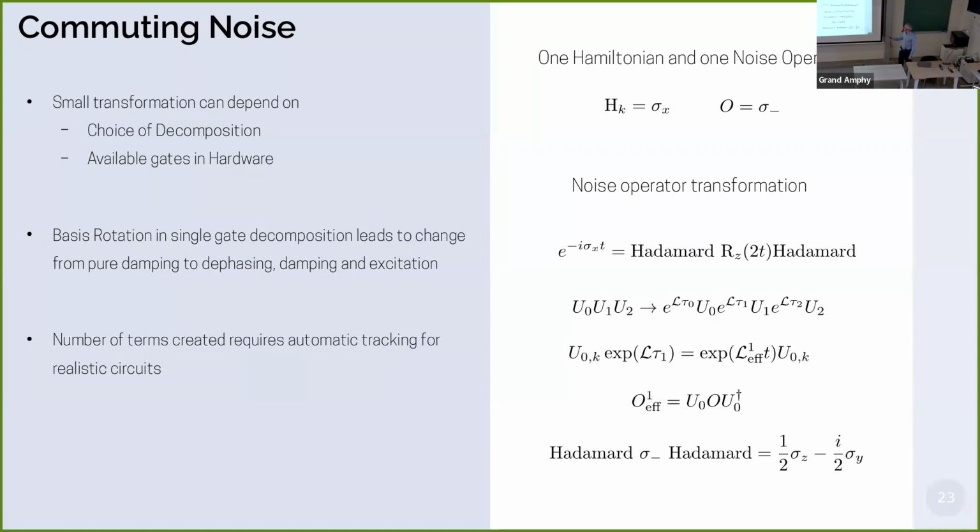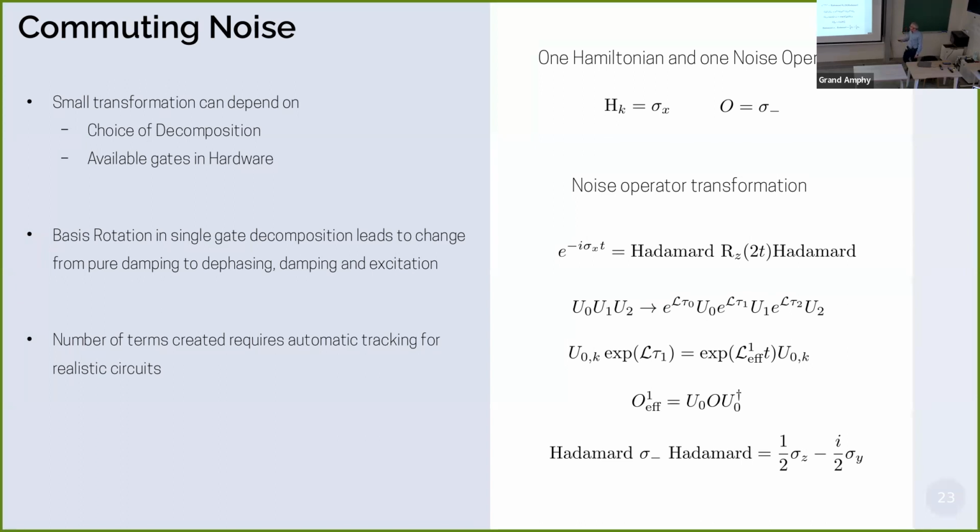Okay, so the time evolution that you want to create is the one under sigma x. Your noise operator is sigma minus. Now you create this unitary operator by making a Hadamard gate. It's one option, there are many, but you could create a Hadamard gate, then a phase gate with a phase of 2t, and again a Hadamard gate.